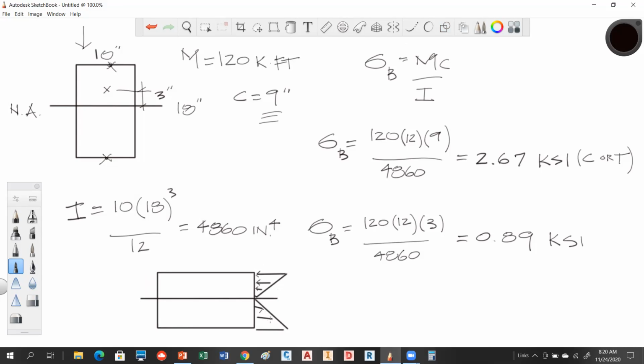This is tension, tension, and tension. So the max would be 267 compression and 267 tension. And notice it goes to 0 and then it goes back up. And this is linear. So if you know the maximum and you know this distance, you could solve any value of stress that you needed to because you have a linear relationship. Okay. Are you guys seeing that?